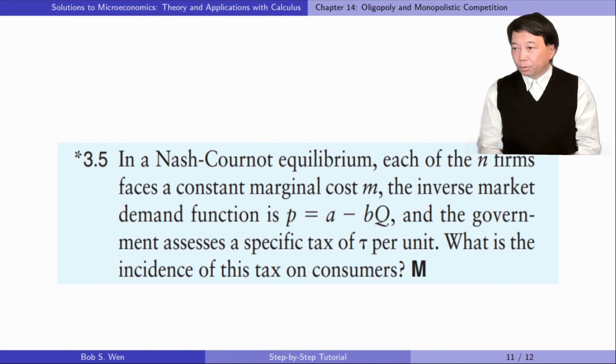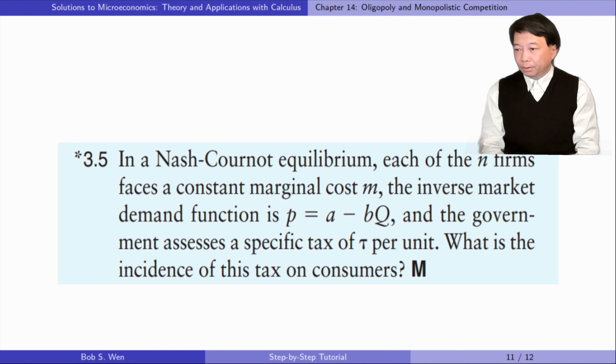Let's solve exercise 3.5. In a Nash-Cournot equilibrium, each of the n firms faces a constant marginal cost, M. The inverse market demand function is P equals A minus B times Q, and the government assesses a specific tax of tau per unit.